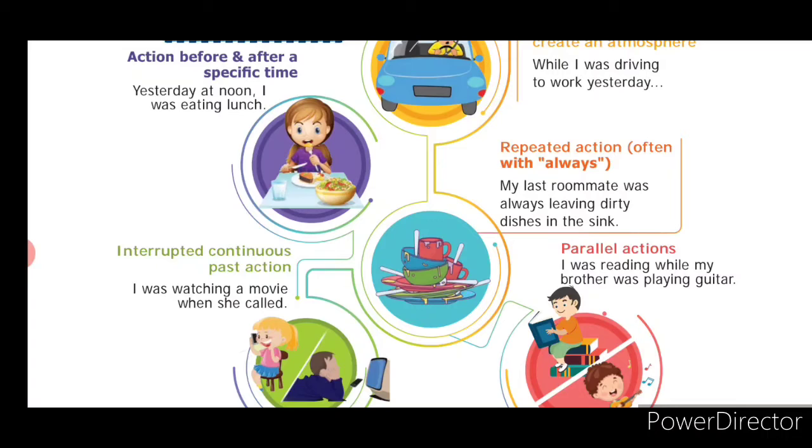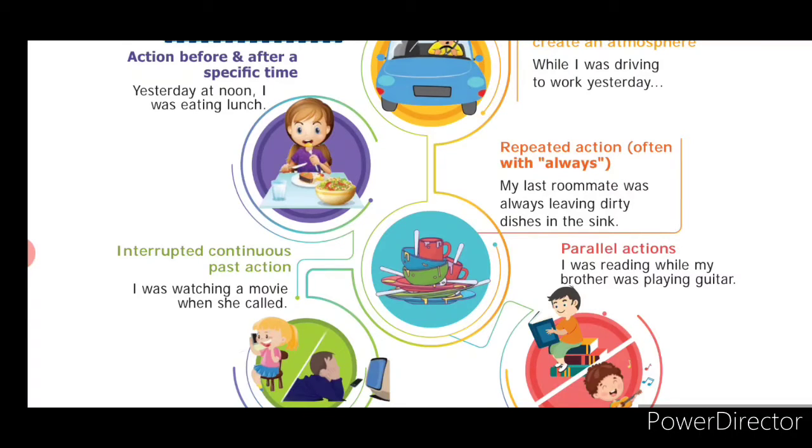To say about parallel action, one more example is: he was playing football yesterday evening. They were watching TV at 8 this morning. So I told you, for the parallel action: my father was sleeping when I entered the house. When I was searching for my pen, I found a letter to my sister. Okay, these are parallel past actions which happened.